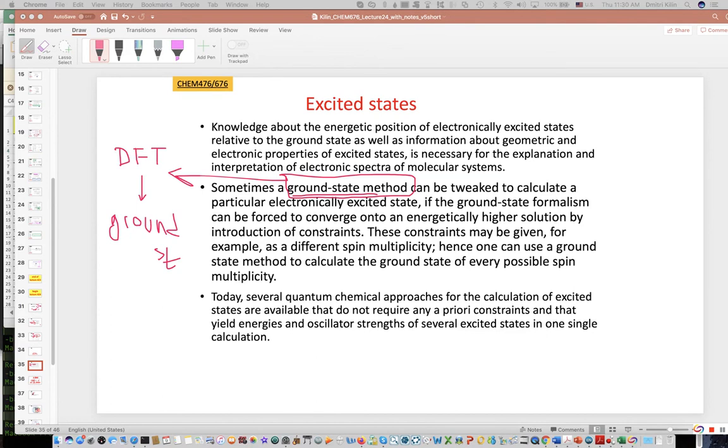So using DFT for excited states is not ideal. It is an approximation, but I suggest this step only as a pedagogical, educational step, because we do not need to learn new theories, and we just expand the borders of applicability of the theory that we got.